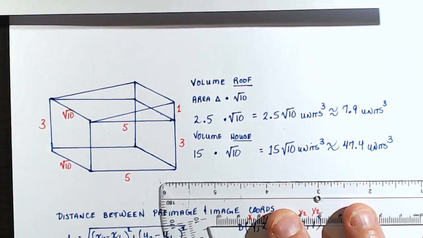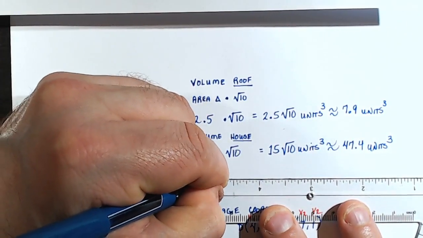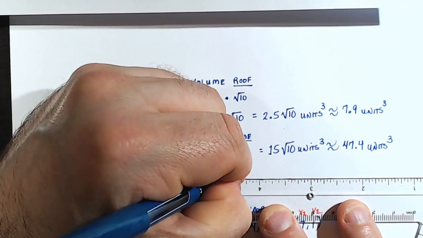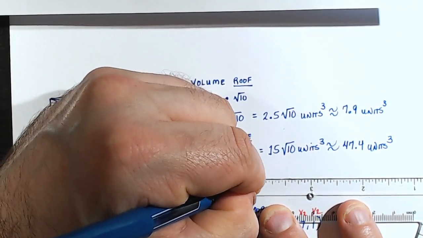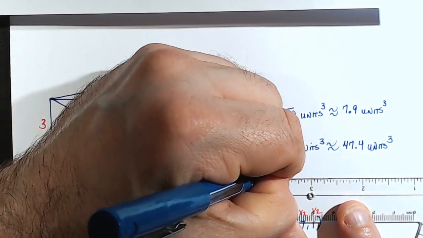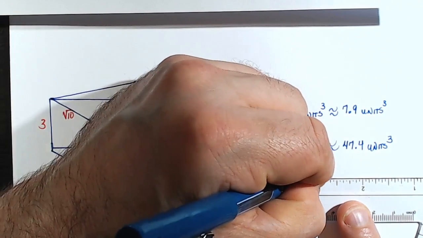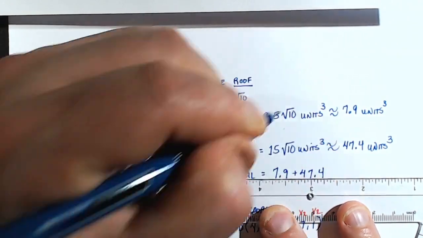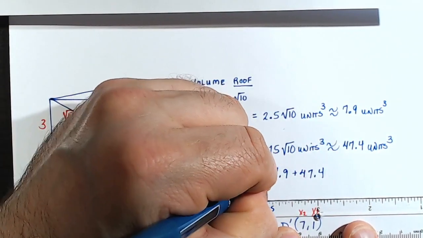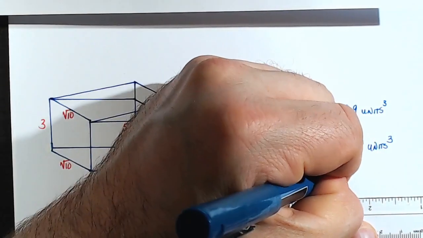And now we'll just add these together. So the total volume is just the volume of the roof plus the volume of the house. And that would be 7.9 plus 47.4. Again, I should say approximately equal to, right? These are all approximations, right?